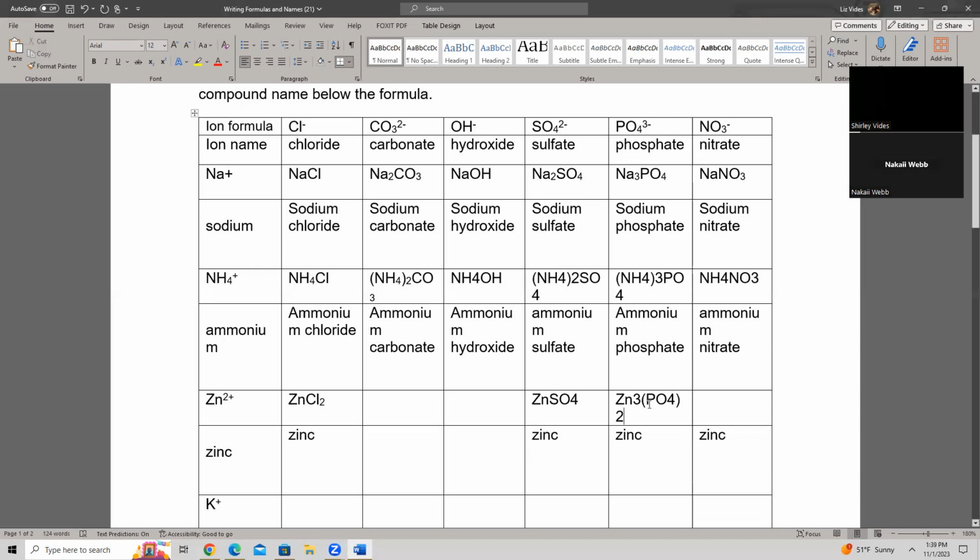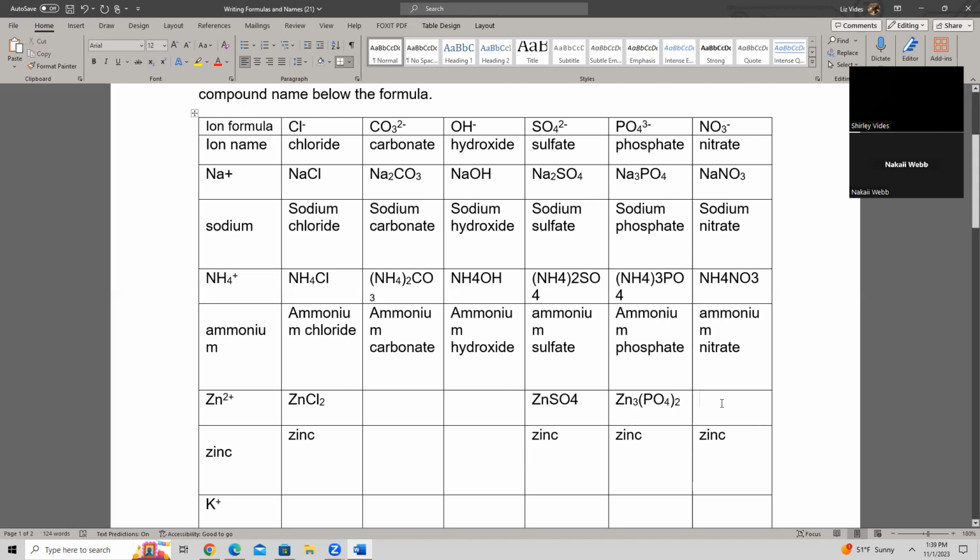You see? So that's how we do the formulas correctly when there are multiple numbers. You've got to watch that you do not multiply because this is not a distributive property like math, and it's not P2O8, unless you're counting the number of atoms of each that are present, then yes.